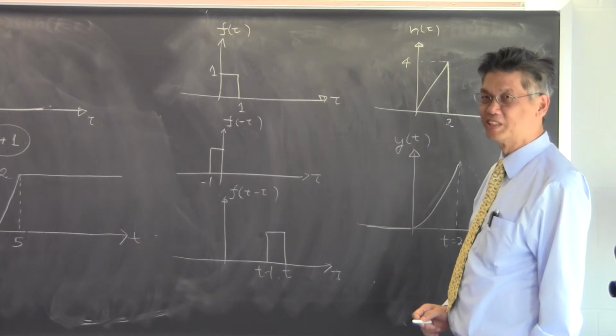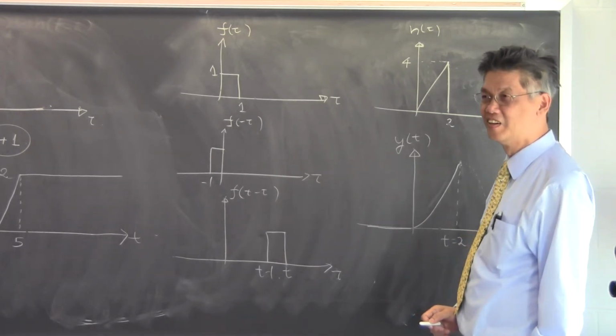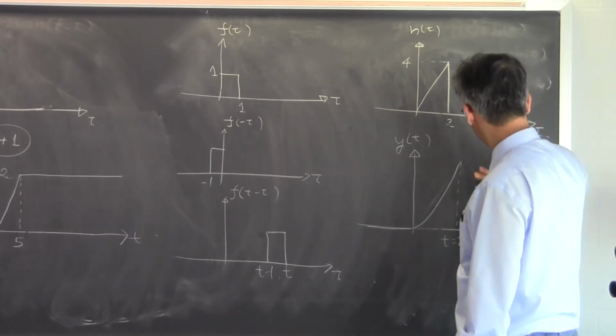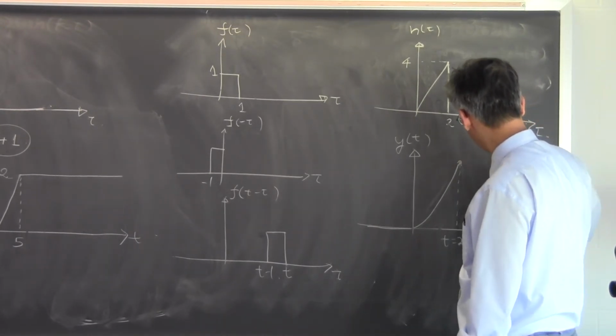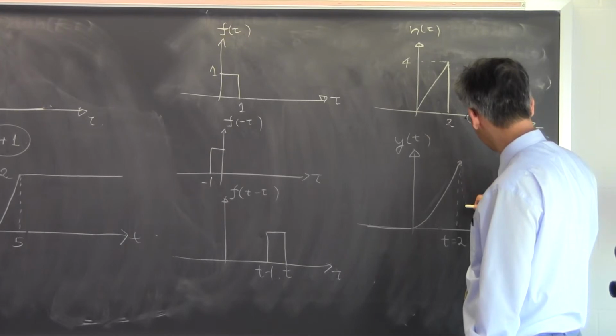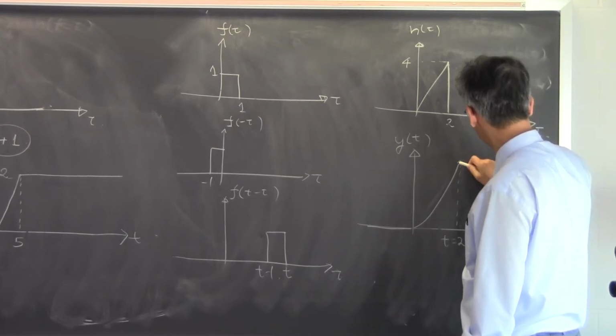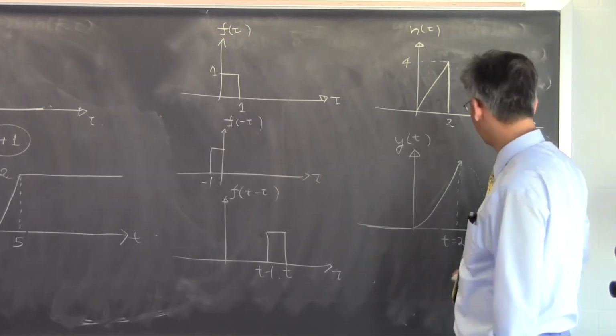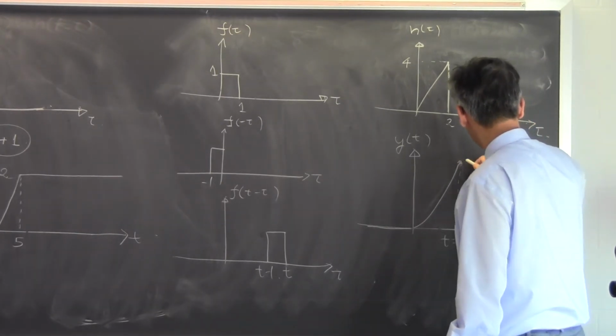So which one do you think should be the correct answer? There are two ways to fit these 2 points with a quadratic function. One is like this, and then the other one is like this. Both of them are quadratic. The second one. Okay, second one.